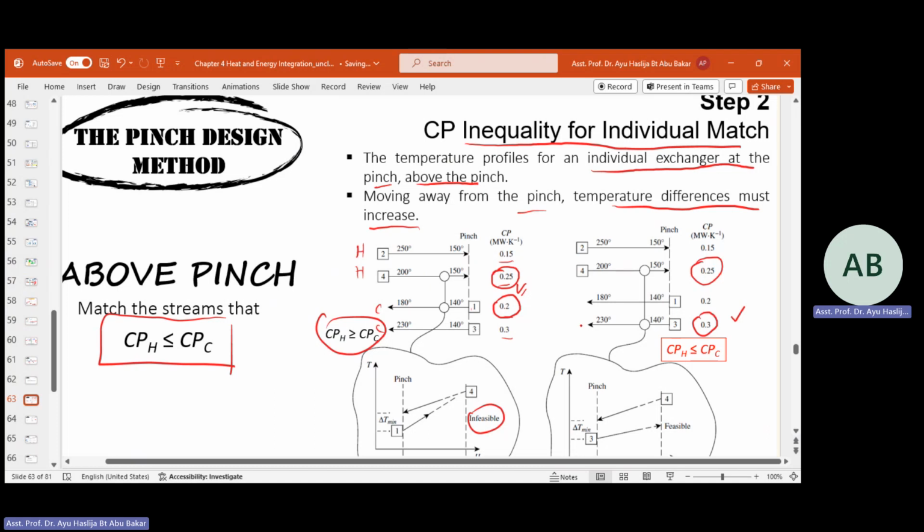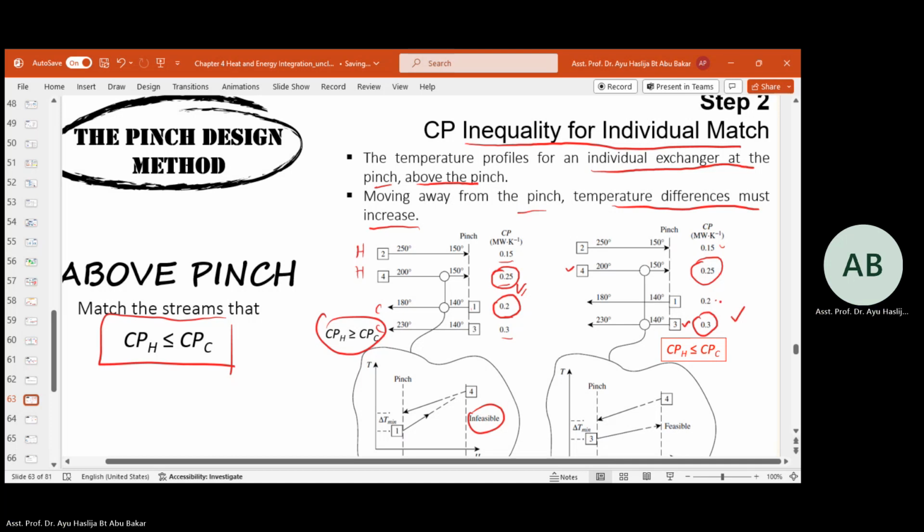Stream 2 and stream 3. Okay, just now 4 and 3. Now, stream 2 and stream 1. Is it feasible?